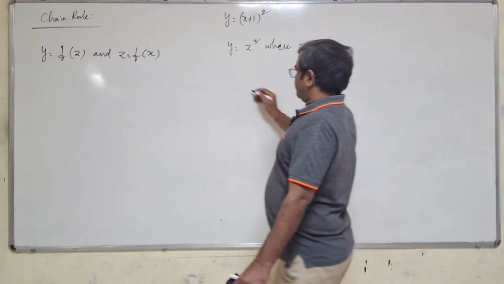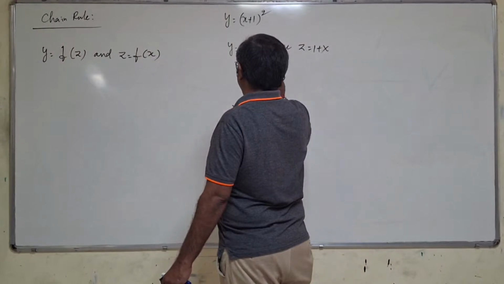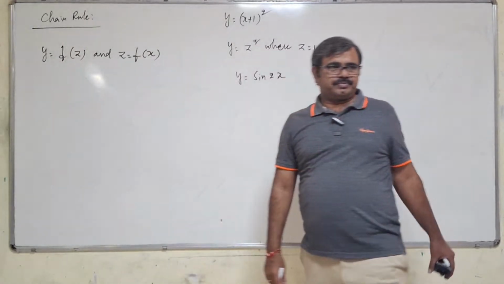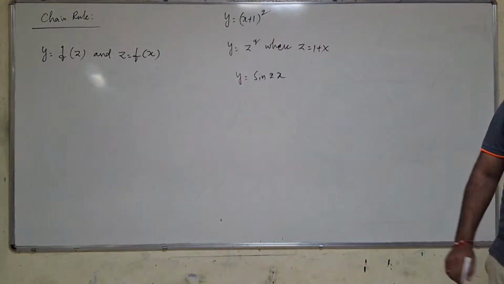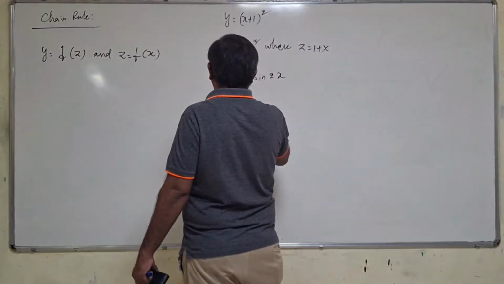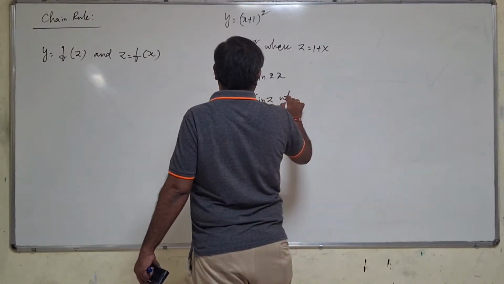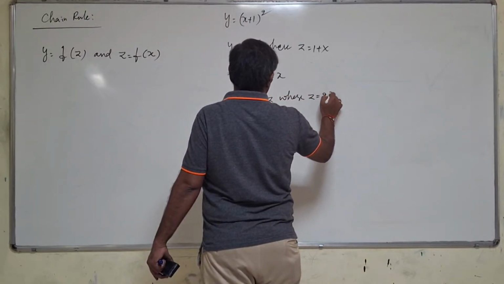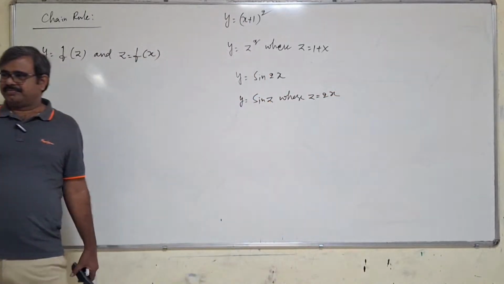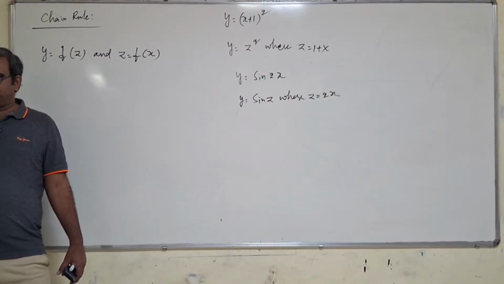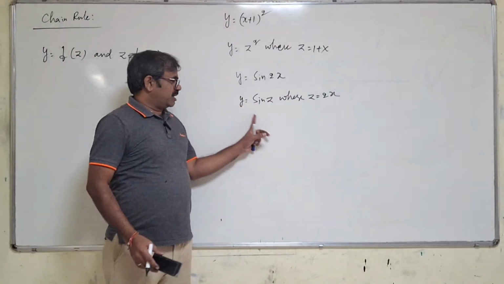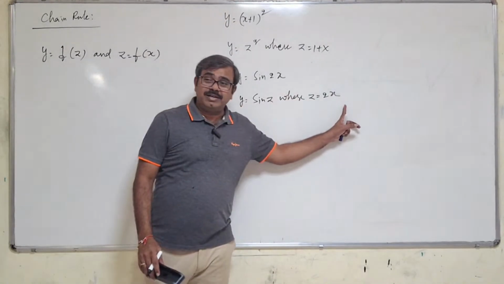I'll give you one more example. y is equal to sine 2x, which can be written as y is equal to sine z, where z is equal to 2x. y depends on z and z depends on x.